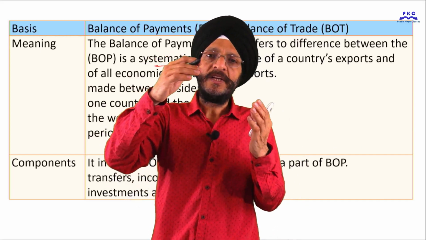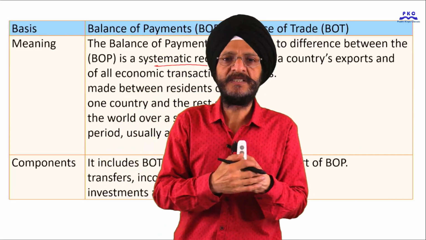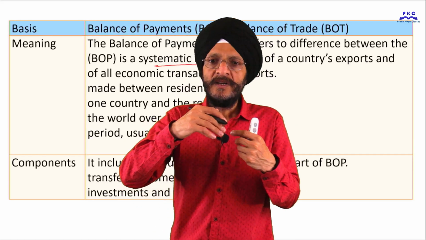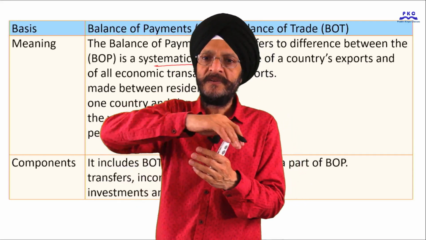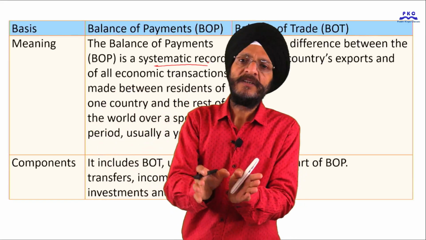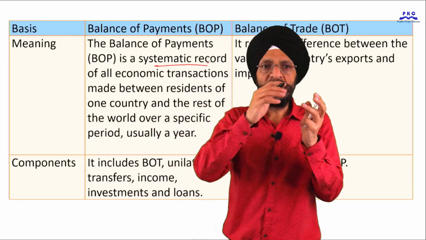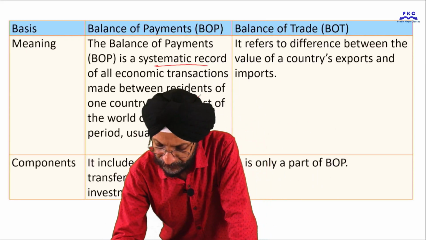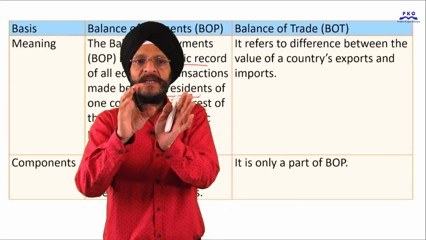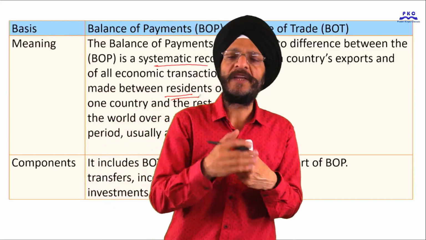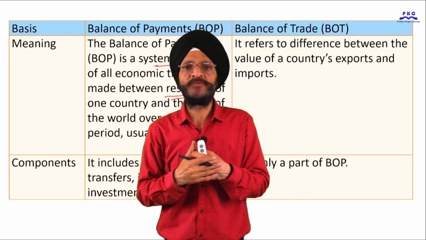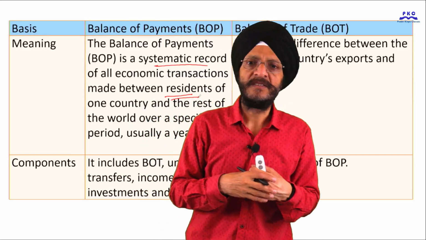Residents means individual residents, businesses, and government and its organizations within the jurisdiction of the country. As discussed in the definition of balance of payment, residents do not include diplomatic staff, foreign military personnel, migrant workers, etc.